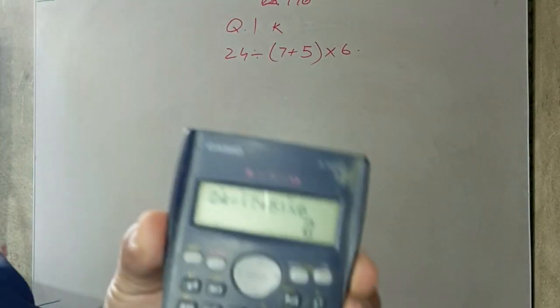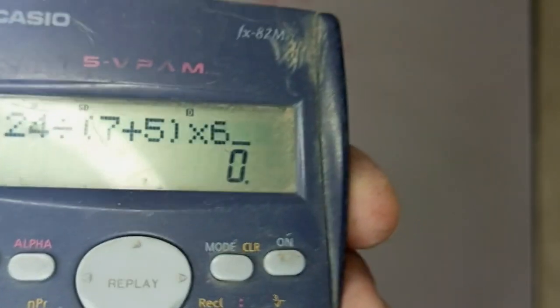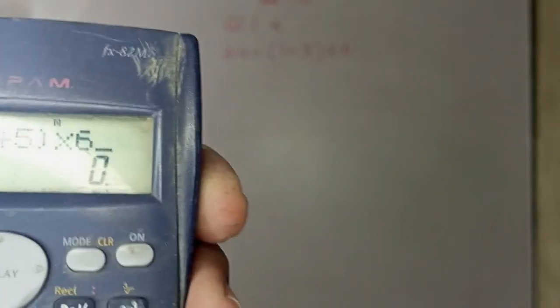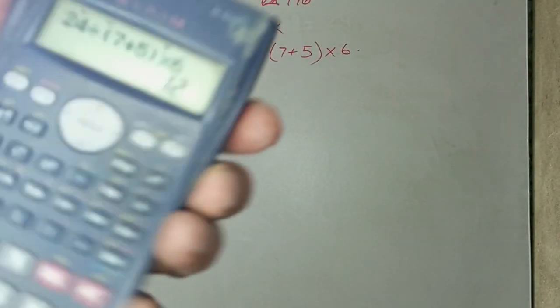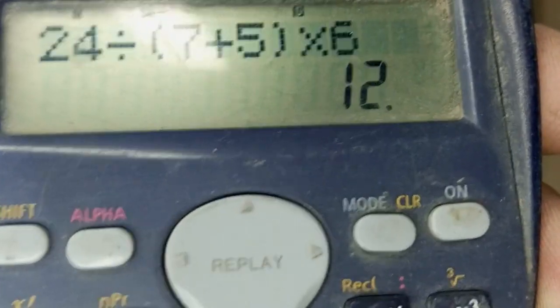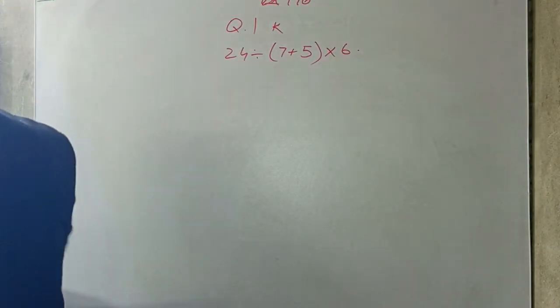You see that here I have entered all the things which are given on the whiteboard. Yes, it is visible to you now. Now what I do is simply press the equal button, and you see that the answer has come as 12. Now let me check whether it is 12 or not.